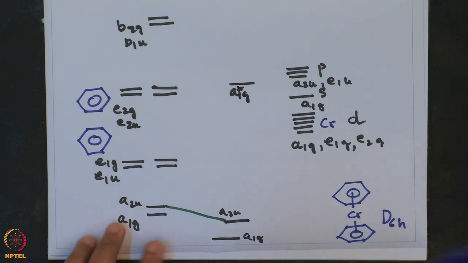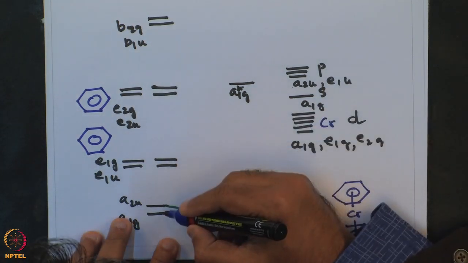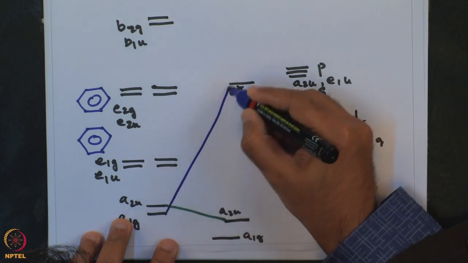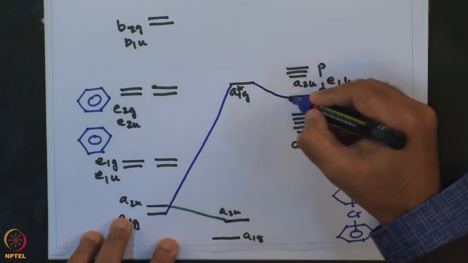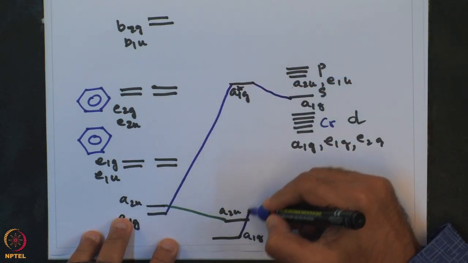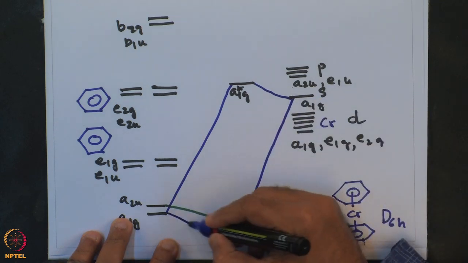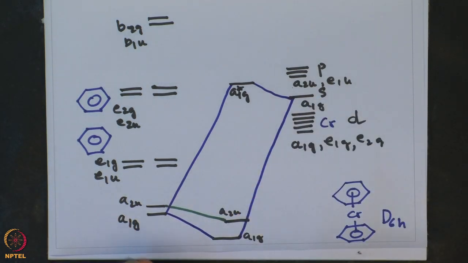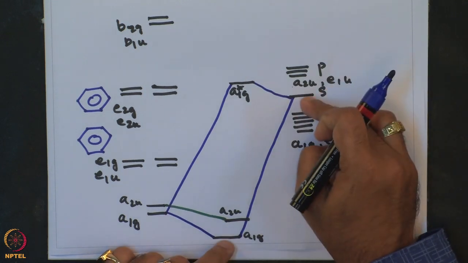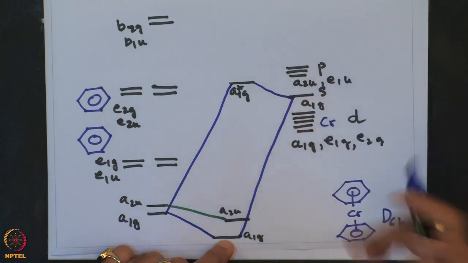So, the correlation diagram is somewhat over here. So, this A1g now is occupied.